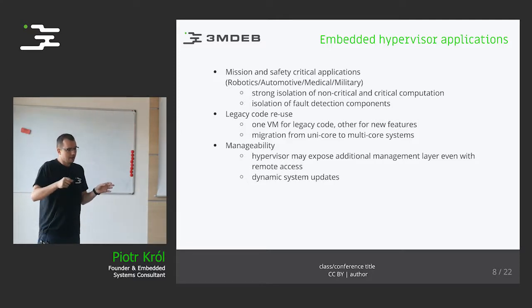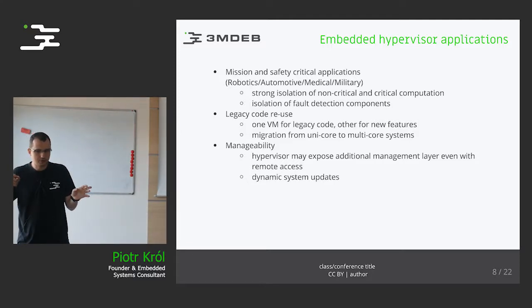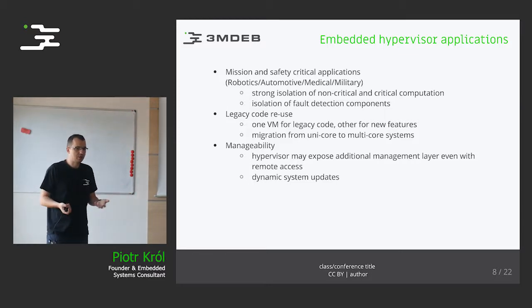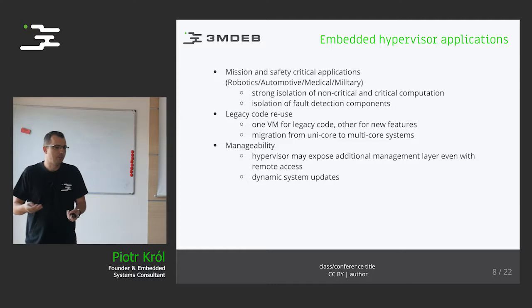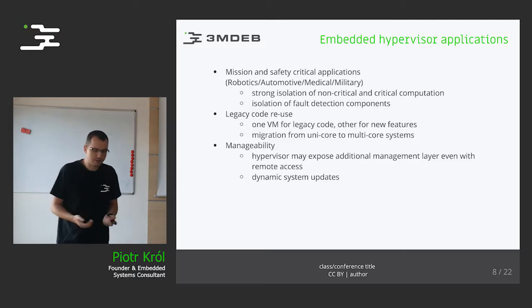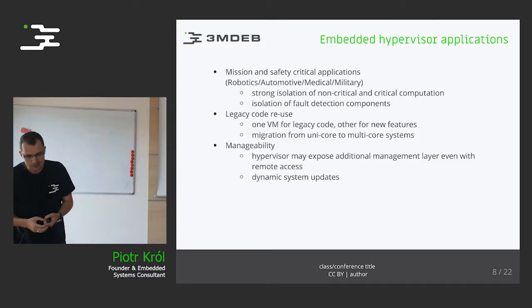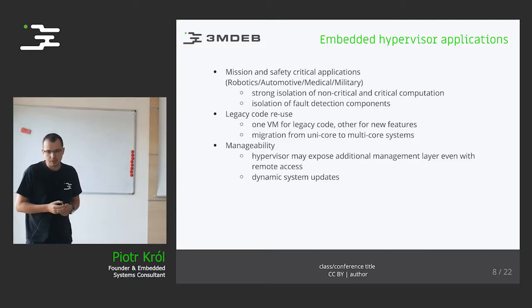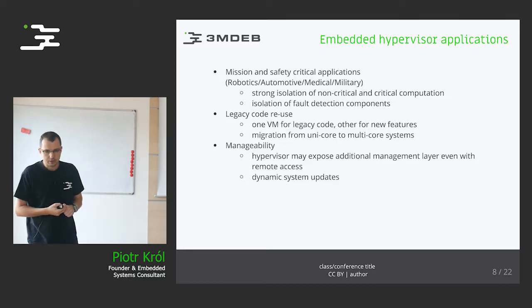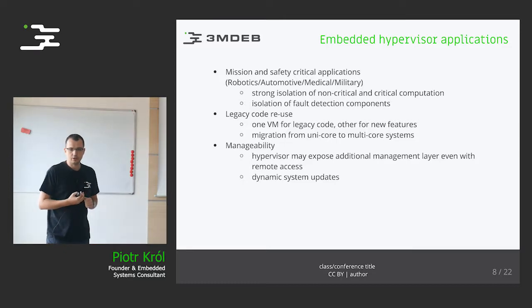If something wrong happens, the fault detection system can run some security procedures, some recovery from the fault. In this case, we can implement a better, higher quality system, and this is normal practice in safety-critical applications. The second feature and application is reuse of legacy code.